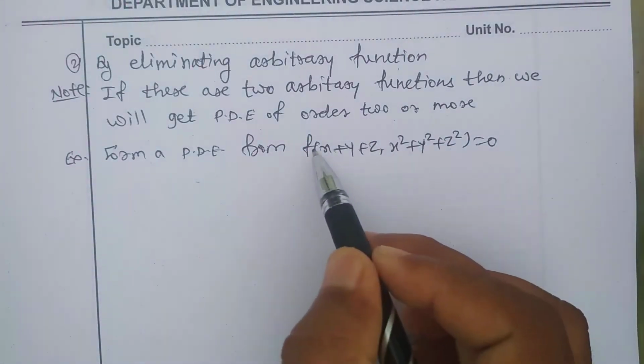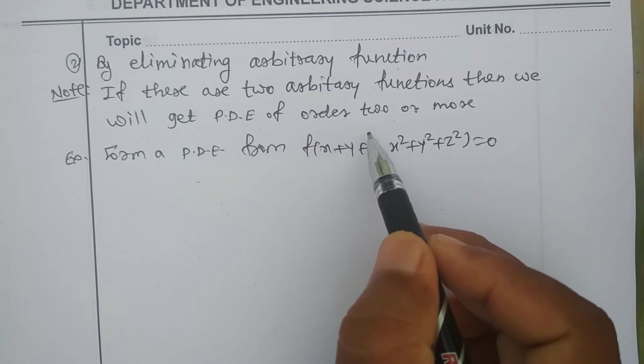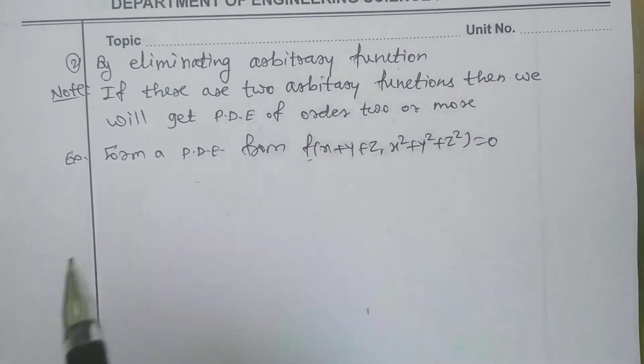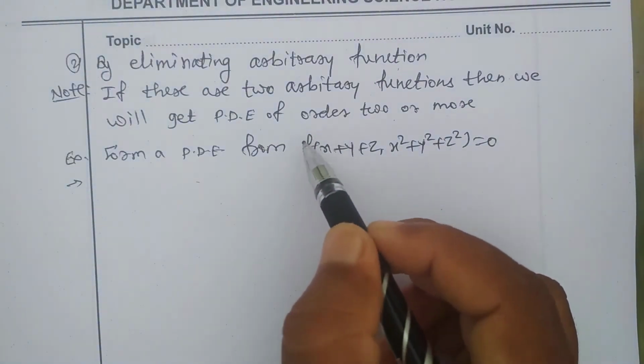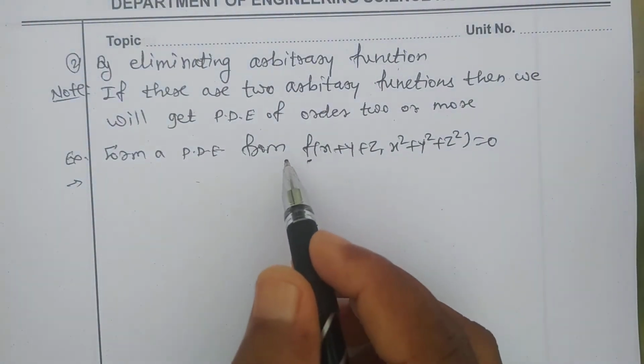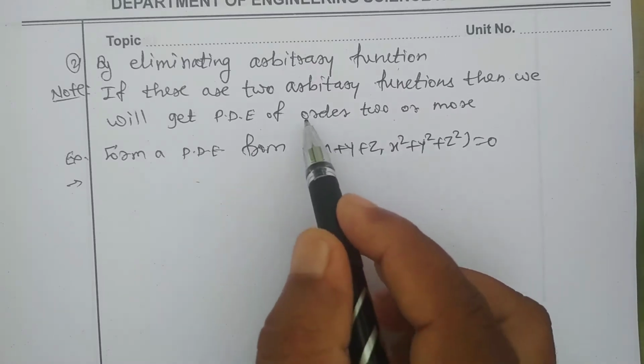We are given this f, which is an arbitrary function. So this is a single arbitrary function. We have to eliminate this single arbitrary function and get a partial differential equation of order 1, since there is a single arbitrary function.